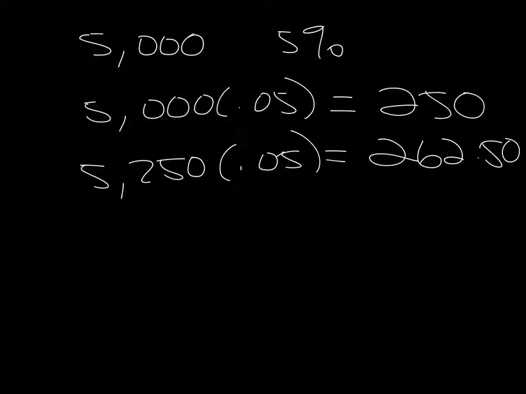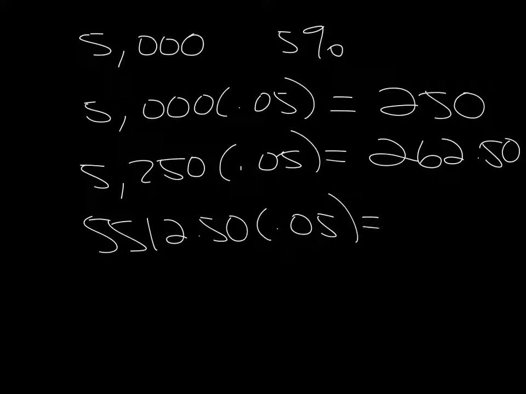So we would take the 262.50 plus the 5,250 that we already had, and now we would have 5,512.50. And we would be charged the 5% on that one now. So 5,512.50 times 5% is 275.63.